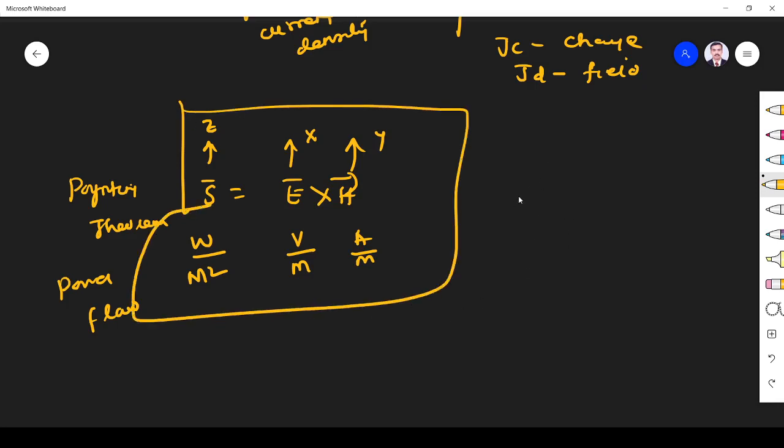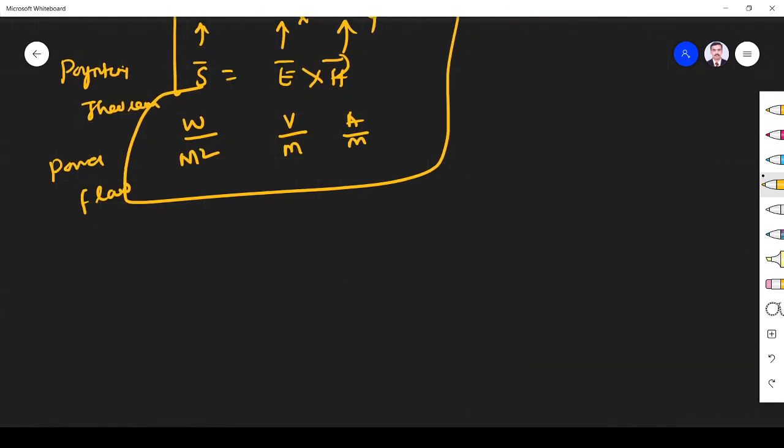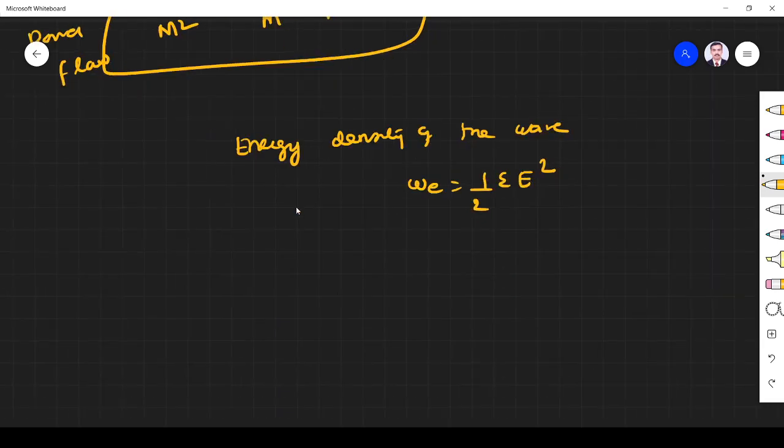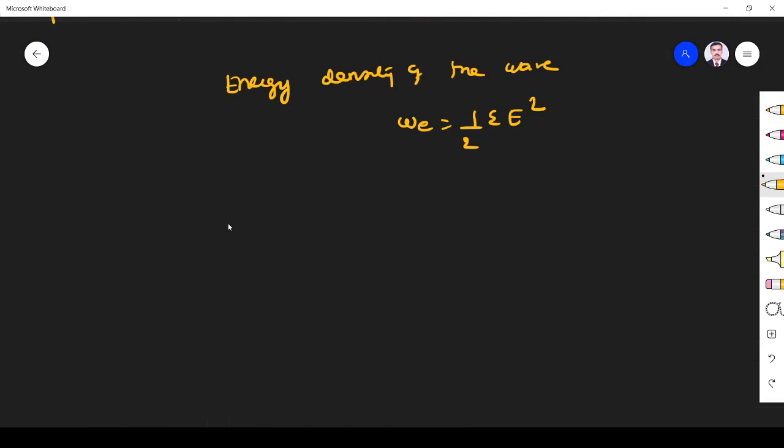Similarly, next thing we have to know is the Poynting vector. So I think it is enough. And the energy density of the wave is given by small w e equals 1 by 2 εE squared. So these things we have to remember. Then the time average Poynting vector.